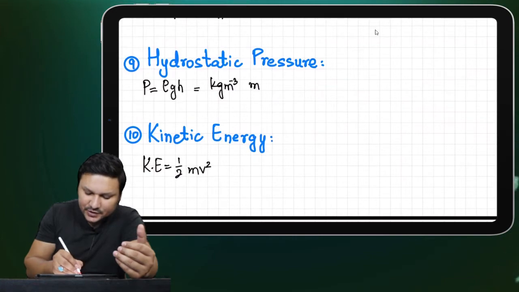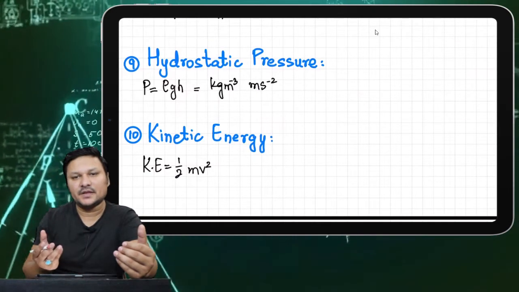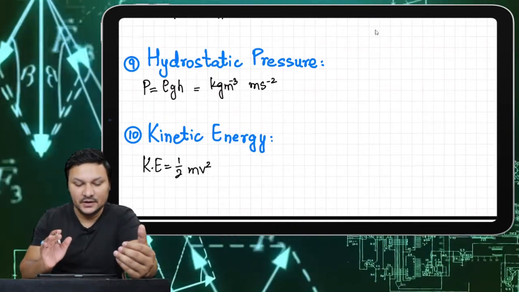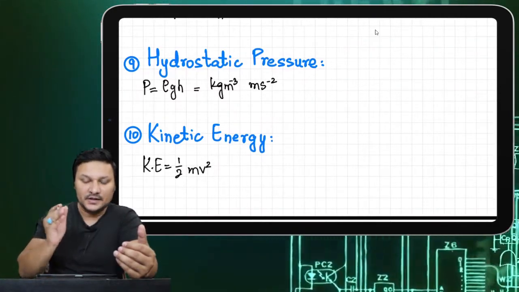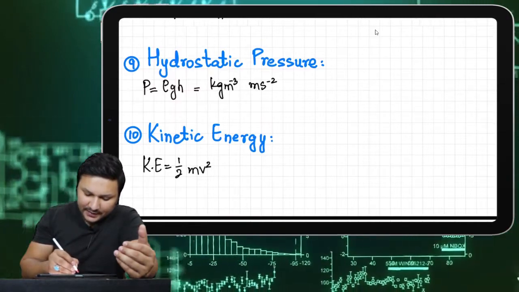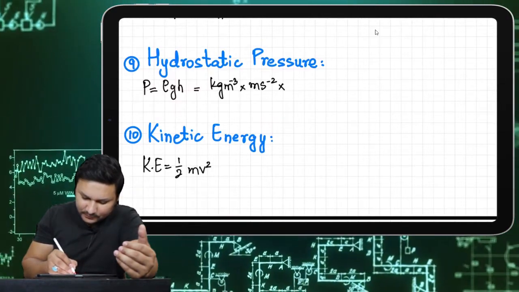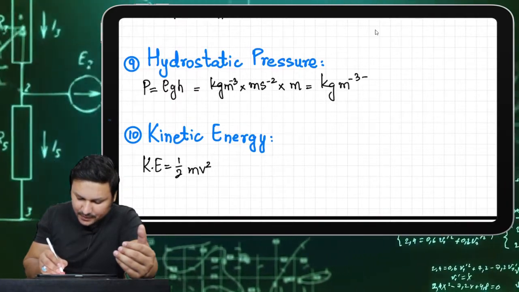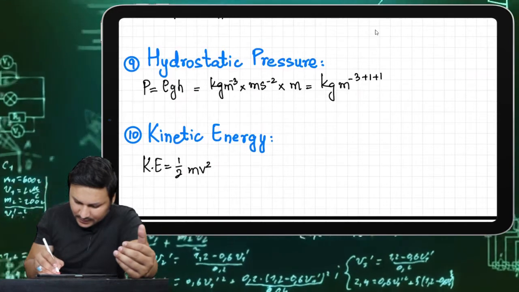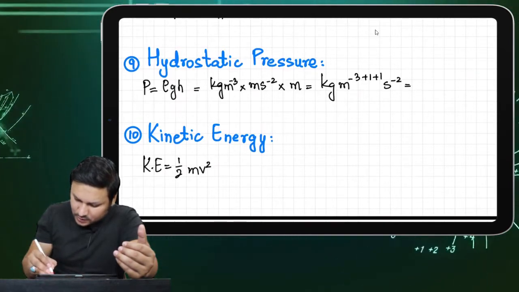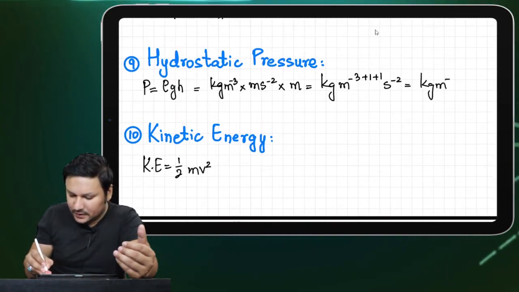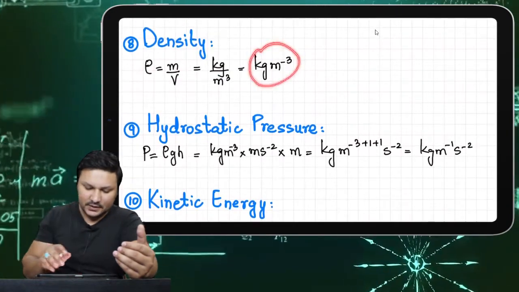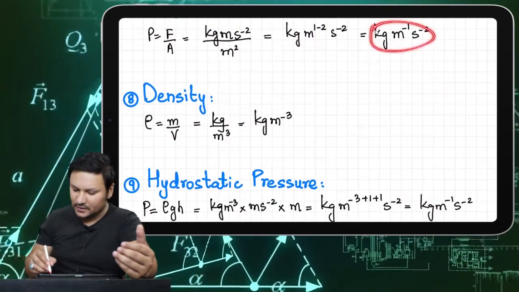Whichever type of acceleration, the unit will be same, unless the acceleration is in a straight line or in a single direction. So it would be kg m minus 3 plus 1 s minus 2. So kg m minus 1 s minus 2. As I told you earlier, whichever type of pressure it is, the base units will be same.